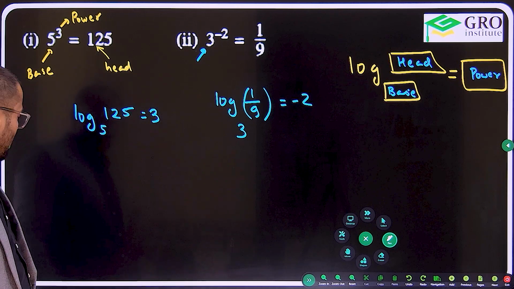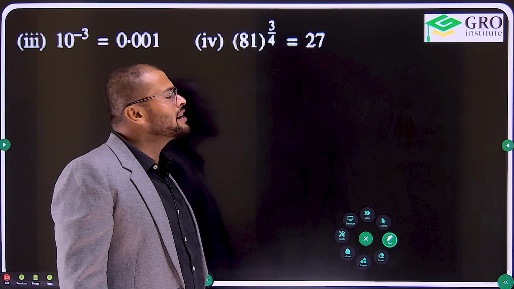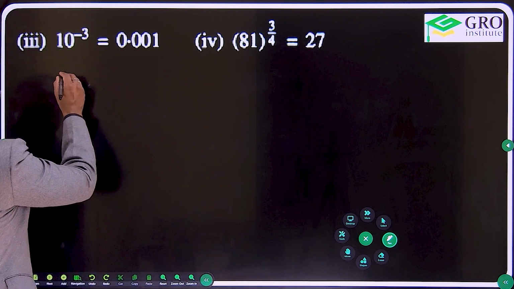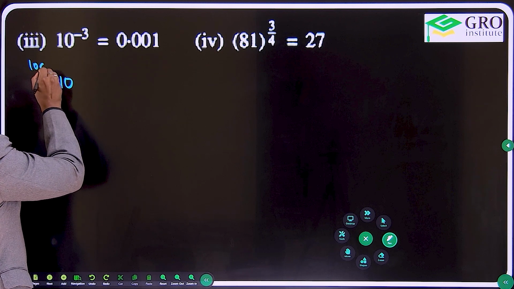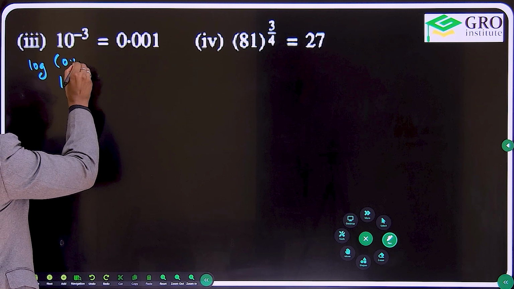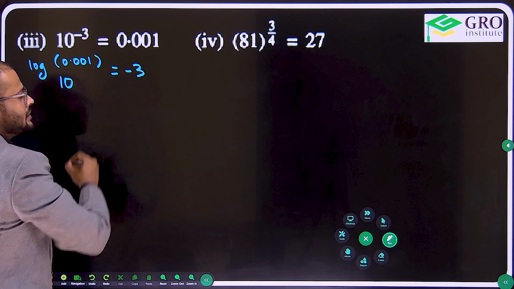More questions like that. Base remains base, 10 is your base, right? So log of 0.001 having base 10 is equal to minus 3.